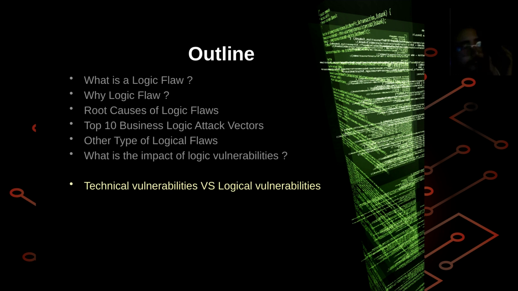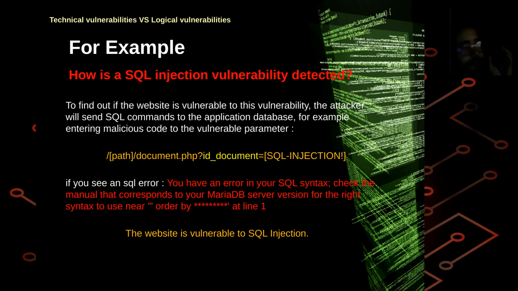And what is the difference between technical vulnerabilities and logical vulnerabilities? For example, how is an SQL injection vulnerability detected? To find out if a website is vulnerable, the attacker will send an SQL command to the application database, for example inserting malicious code into the variable parameter.